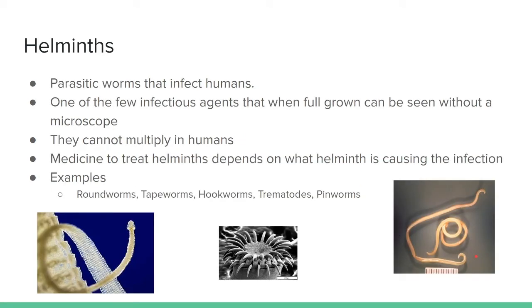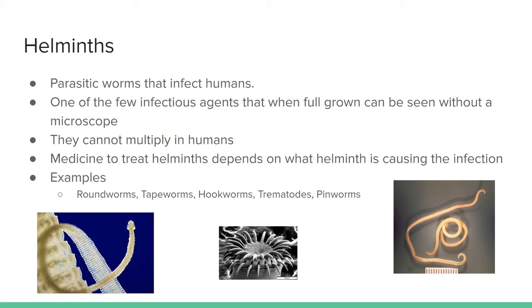Helminths. Helminths are more commonly known as parasitic worms that infect humans. These are one of the few infectious agents that, when full grown, can be seen without a microscope. With a lot of the things that we've been looking at, you can't see them without a microscope. Helminths are one that you can see. They can't multiply in humans.